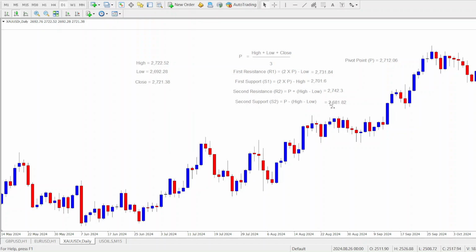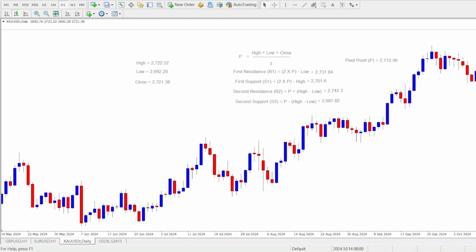So that becomes our second support. We have been able to successfully calculate the first resistance, the first support, the second resistance, and the second support using that candlestick as our reference.